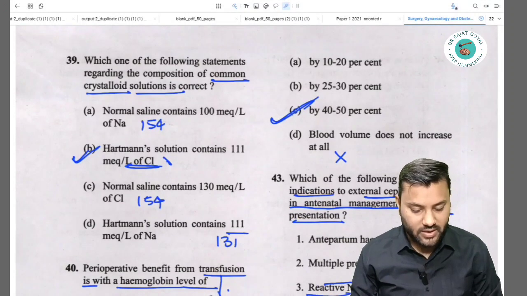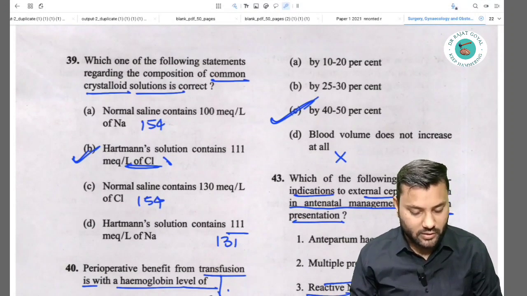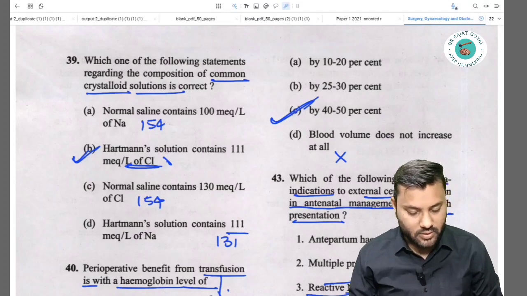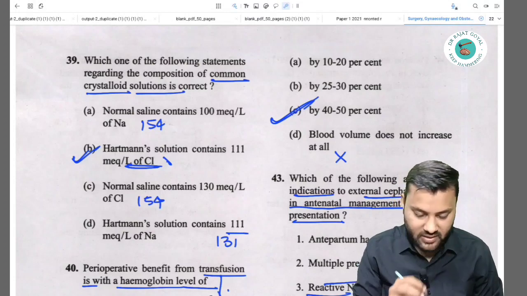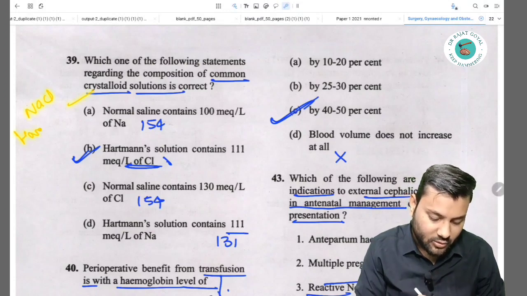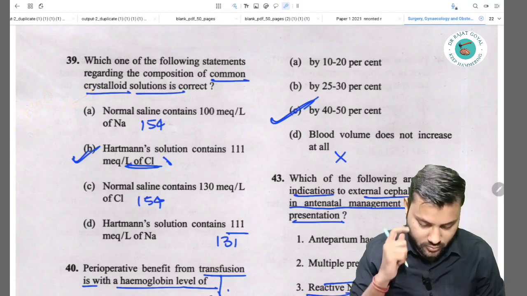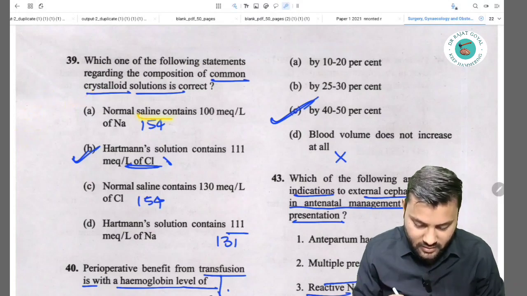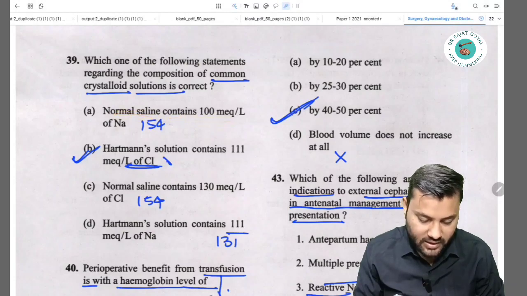Which of the following statements regarding the composition of the common crystalloid solution is correct? So if we talk about the common crystalloid solutions, these are NaCl, Ringer lactate, or the Hartmann solution. So if we talk about the normal saline, then normal saline contains 100 milliequivalent per liter of sodium.